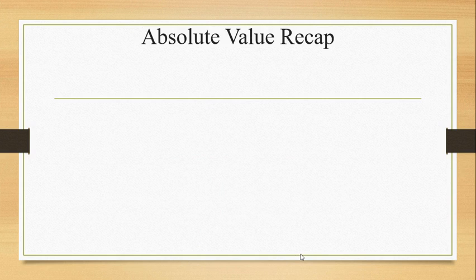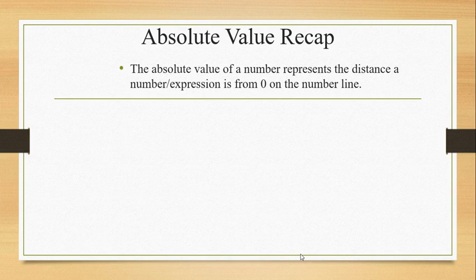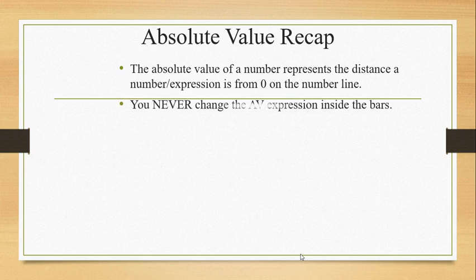Okay, let's take a look at our absolute value recap. The absolute value of a number represents the distance a number is from 0 on the number line. You never change the absolute value expression inside the bars.